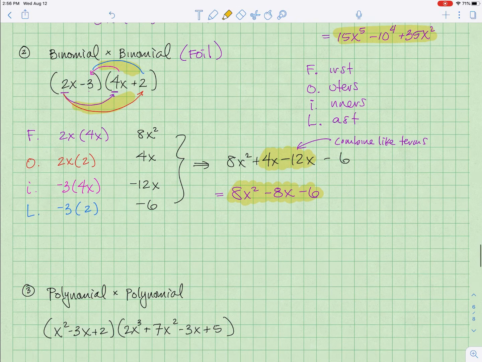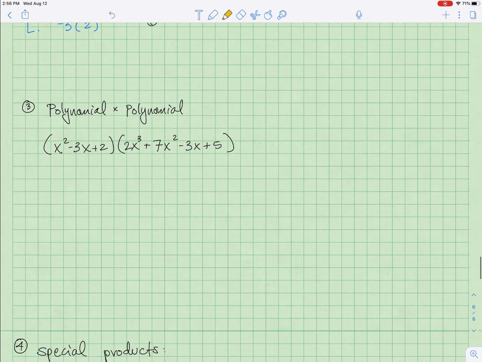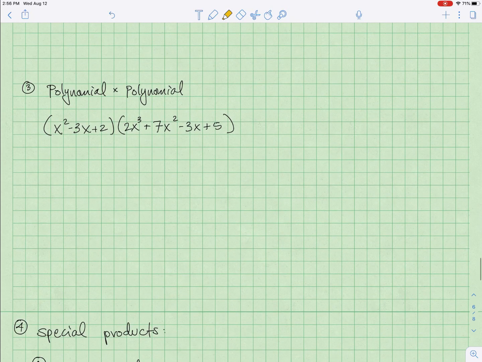This next technique for polynomial times polynomial is a technique I suggest everybody uses. You can even use it in that previous binomial times binomial because this can get a little bit confusing.